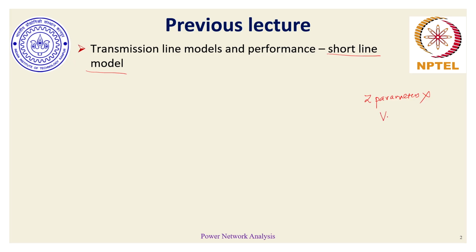The sending end voltage is the same as the receiving end voltage, and the corresponding sending and receiving end currents on per phase basis are 0. It appears as if the short line has been perfectly shorted at the sending and receiving end, and hence there is no role of any impedance at all, and that's the reason why Z parameters are undefined for the short line model, not only for no load condition but for all operating conditions.